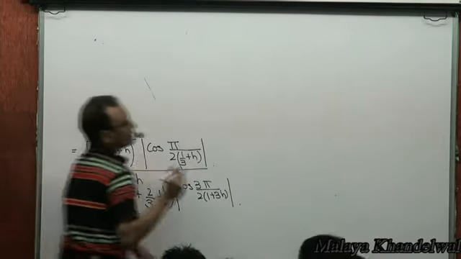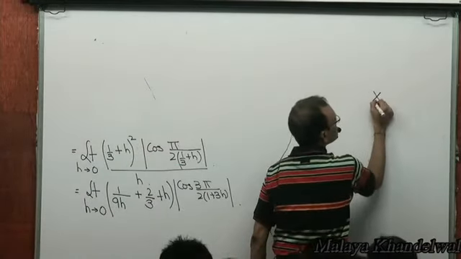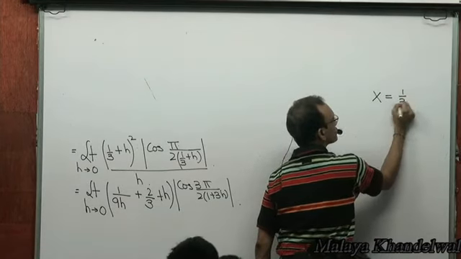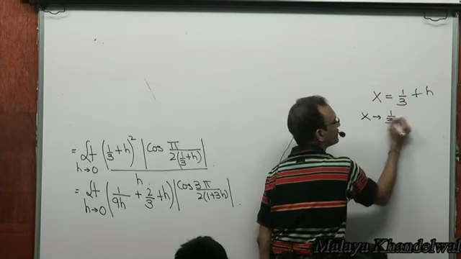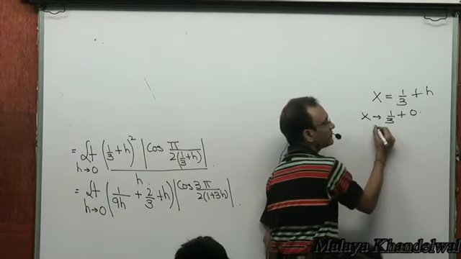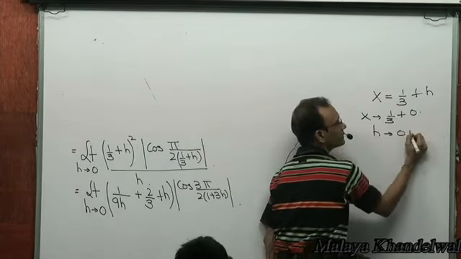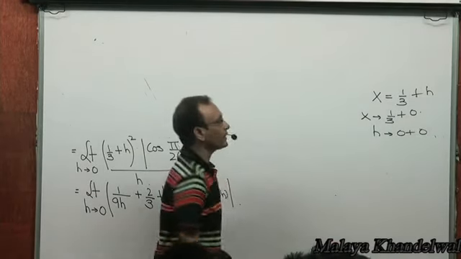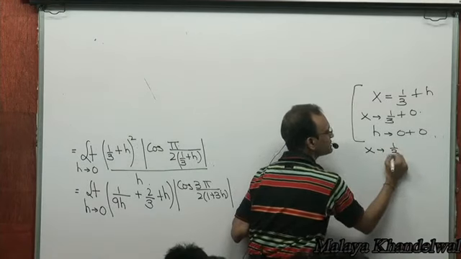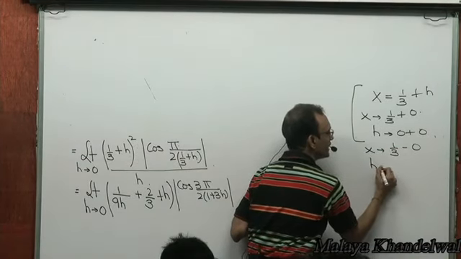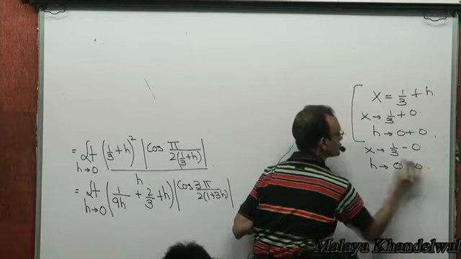See, I took x equal to 1/3 plus h. If x tends to 1/3 from the greater than 1/3 side, then h will tend to 0 from the greater than 0 side. As x tends to 1/3 from the less than 1/3 side, h will tend to 0 from the less than 0 side.